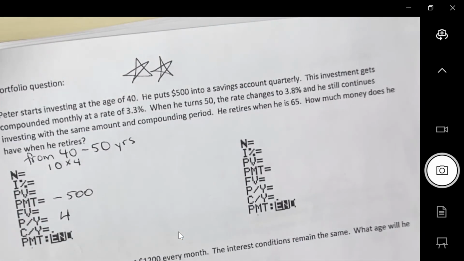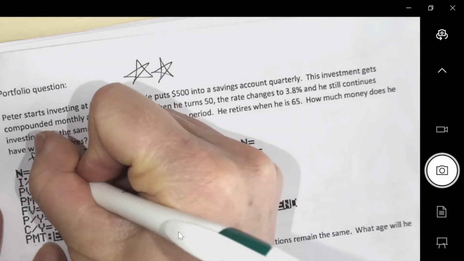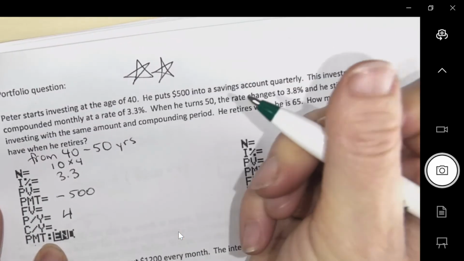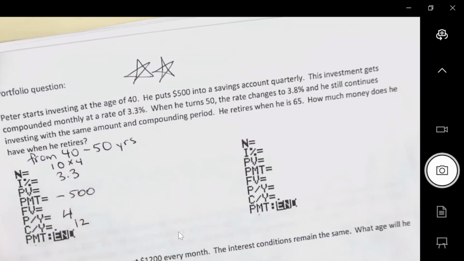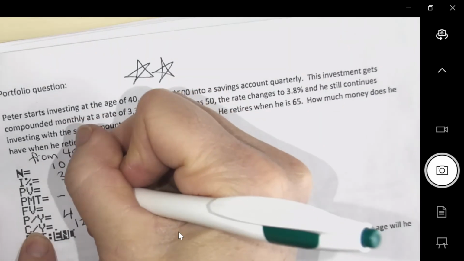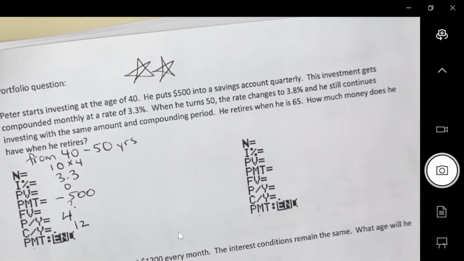Because I'm doing it from 40 years old to 50 years old. So I'm going to do it for 10 years. 3.3%, compounded monthly. Start with 0, see what you end up with.